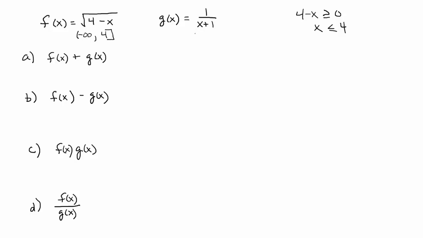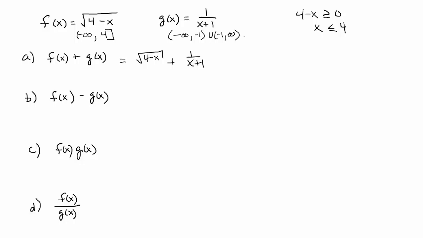And the domain of g of x is all real numbers except for negative 1. So we would have negative infinity to negative 1 union negative 1 to infinity. And now in A, we have f of x plus g of x. So we have the square root of 4 minus x plus 1 over x plus 1. So now we added the two functions together.